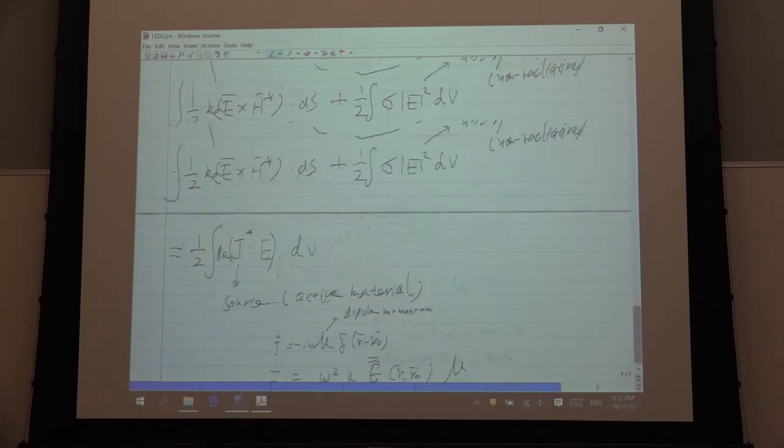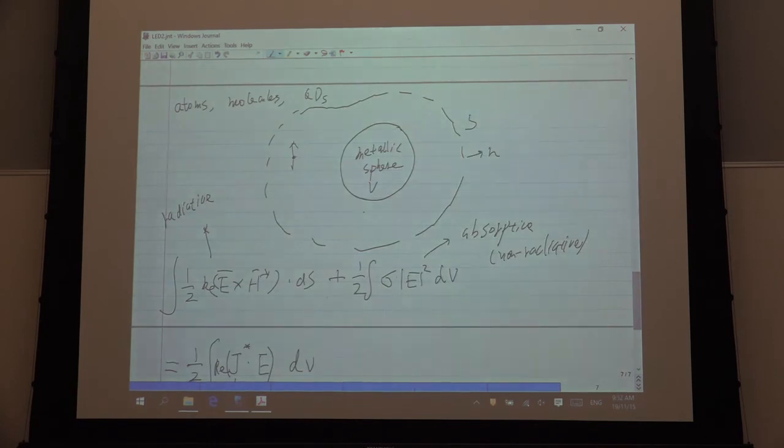We go back to this case. The dielectric Green function in the inhomogeneous space is equal to G free space plus G scatter. I mean this wave goes to the metallic sphere.